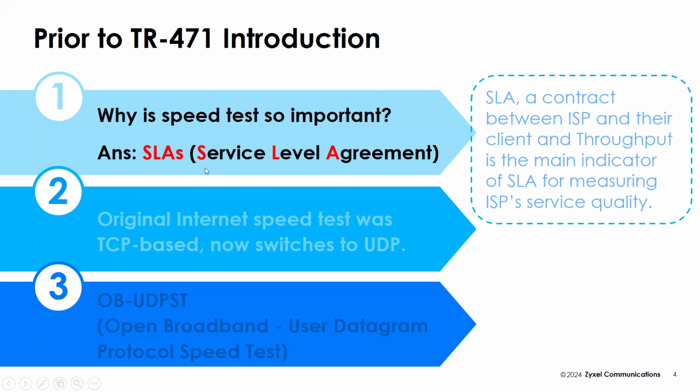The term SLA stands for Service Level Agreement, which refers to a contract between the ISP and their client. This document might contain several points, like the details of the service, the standard the ISP must adhere to, and the metrics to measure the service quality.